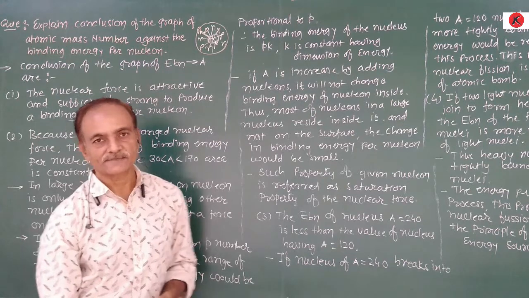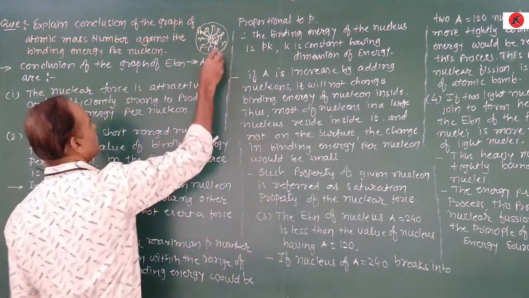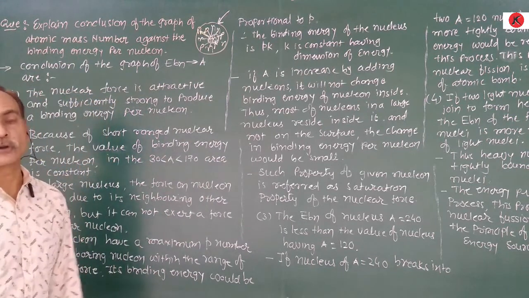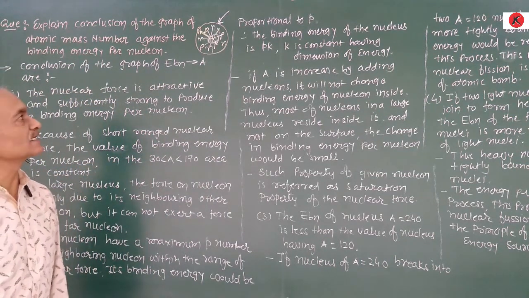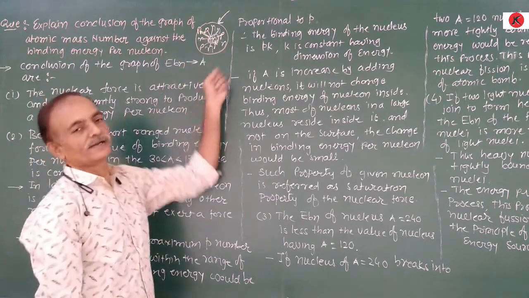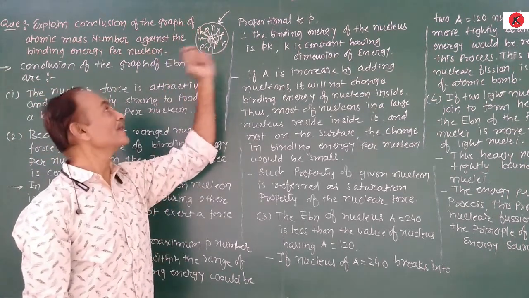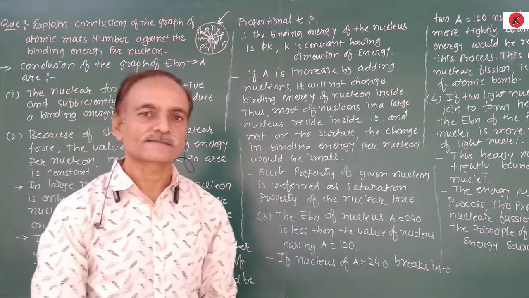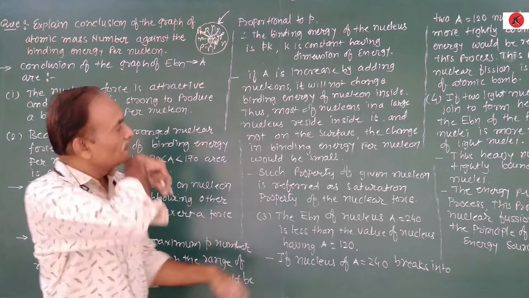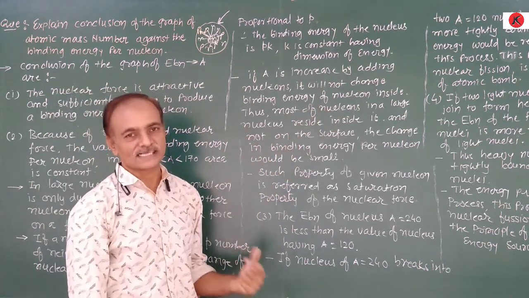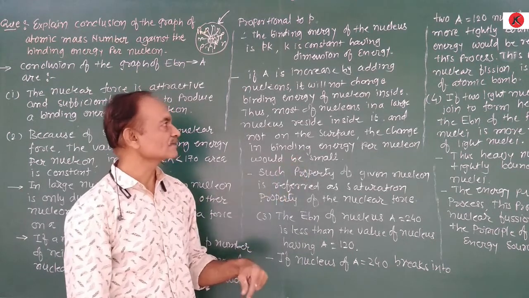So what it says is that if there is a heavy nucleus and we add one or two nucleons to it, the added nucleon cannot occupy the space between the two nucleons in its neighboring. Therefore, the binding energy per nucleon is not changed, and almost remains constant.